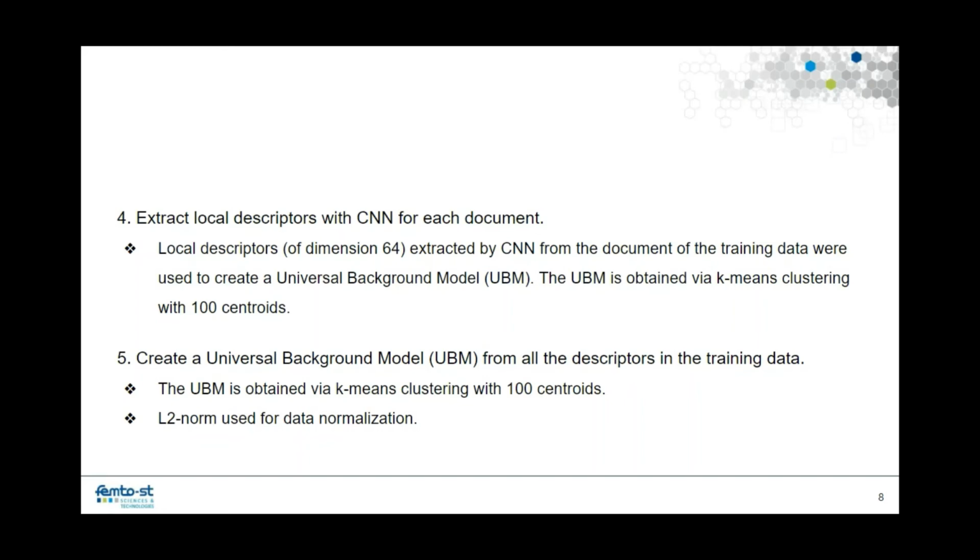With k-means we divided them into 100 centroids. Each centroid consists of 64 descriptors. The total was 6,400 descriptors for each document, for each UBM. Then we used the L2 normalization.